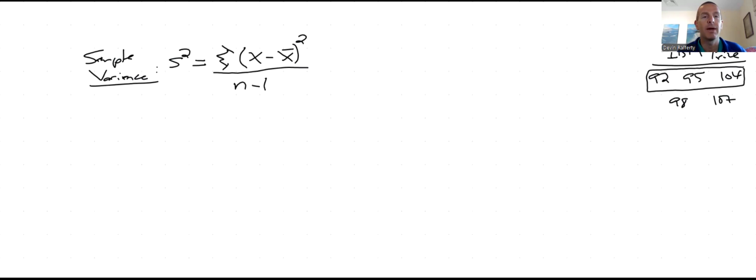Okay, it's lowercase n minus 1. So when you get to the denominator, when you're doing sample variance, it's n minus 1. For population variance, it's divide by capital N. For the sample variance, we are doing n minus 1, so it's the number of observations minus 1. How many observations do we have? Here we have 92, 95, 104. We have 1, 2, 3 observations. So that will be 3 minus 1 equals 2.